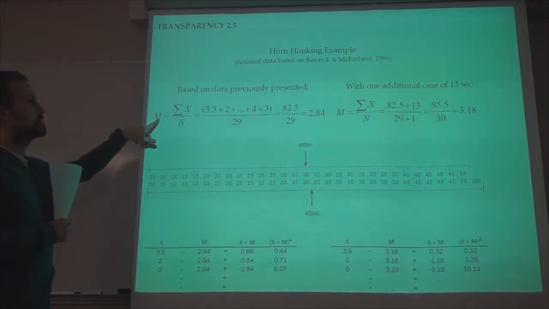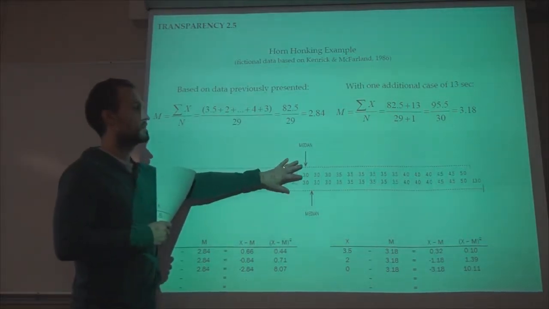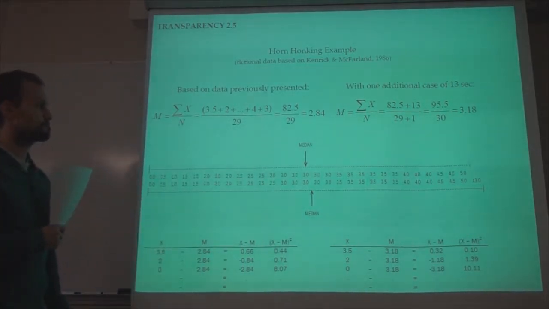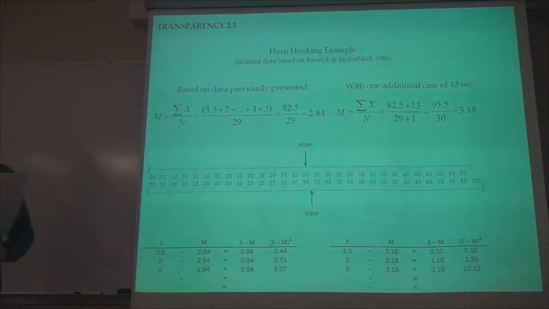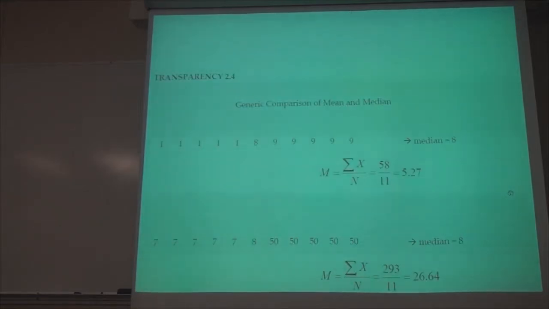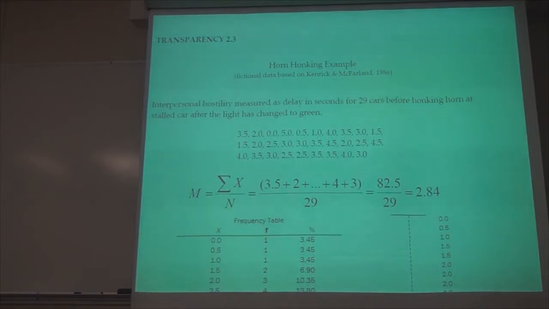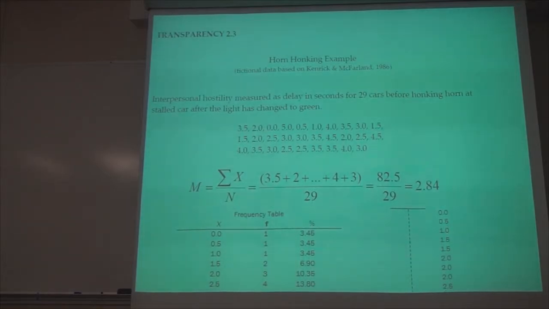If I look at the mean, there was one thing here that compares the mean and the median again. If I look at my Horn-Honking example, I took some times.